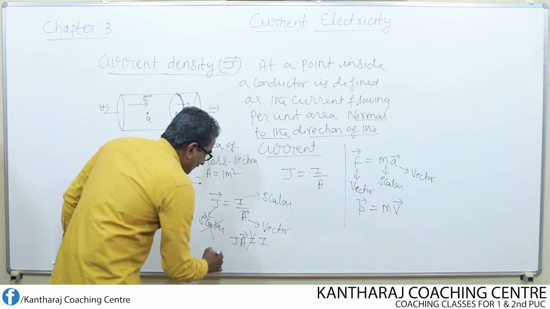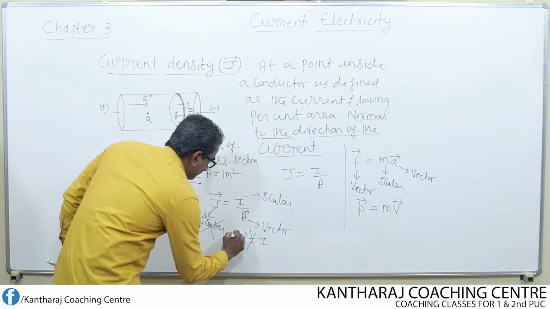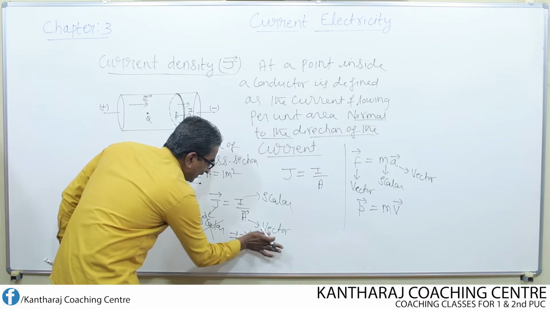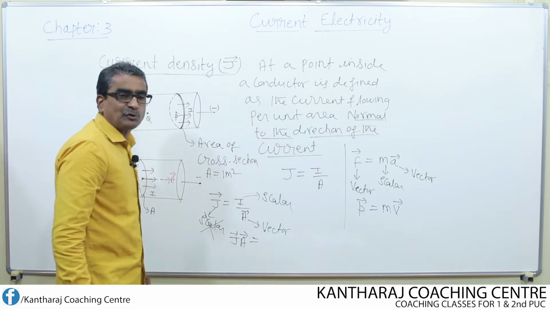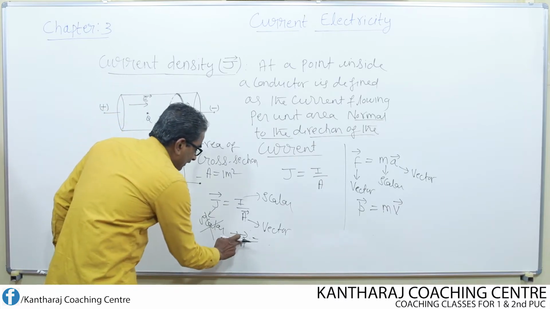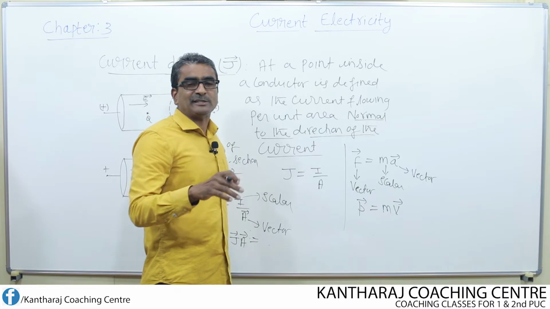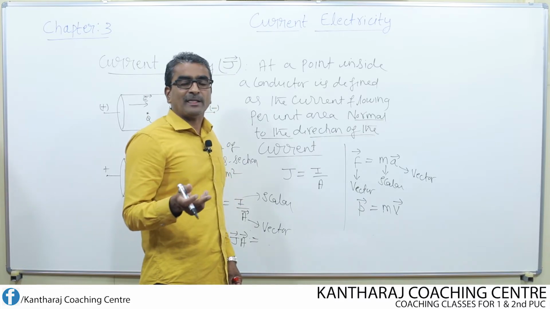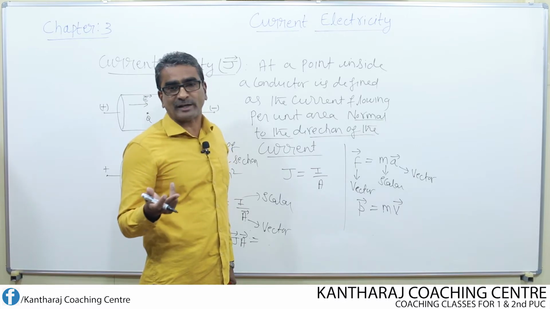So look here, if you multiply J by another vector, what multiplication is it? It is the multiplication of two vectors. Multiplication of two vectors may either give rise to a vector quantity, which is known as the vector product of two vectors, or it may give rise to a scalar quantity, which is known as the scalar product of two vectors.